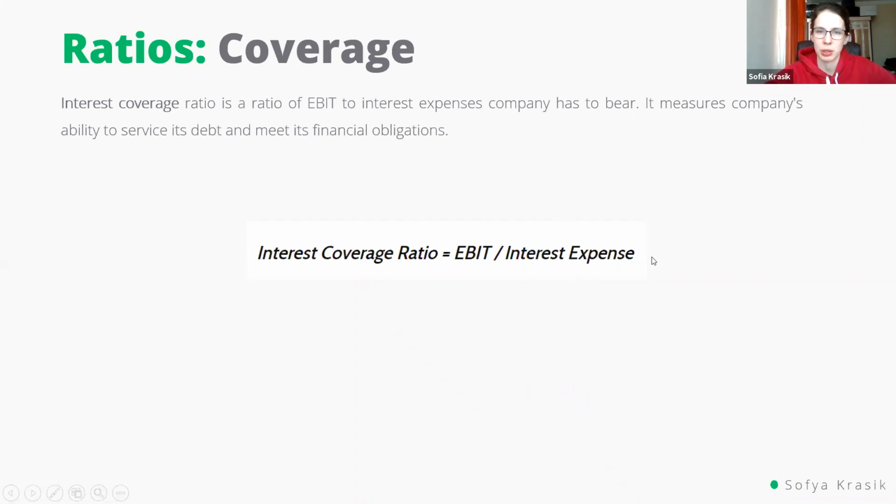Here could be one example: EBIT, earnings before interest and taxes, over interest expense. Why does it make sense to use EBIT here? Because obviously interest is paid before it's subtracted. So interest will be paid exactly from this amount.